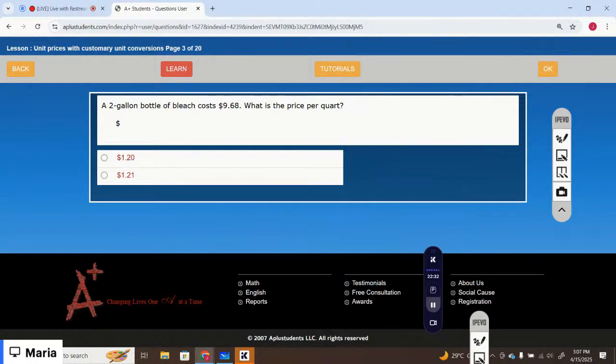A 2-gallon bottle of bleach costs $9.68. What is the price per quart? The first thing you need to convert from gallons to quarts, right?